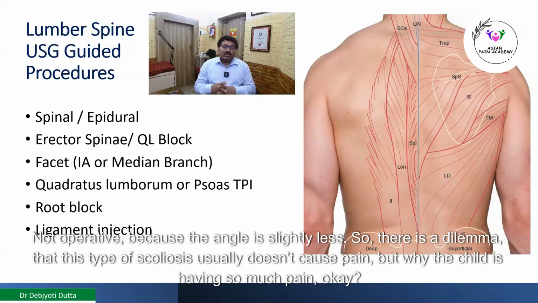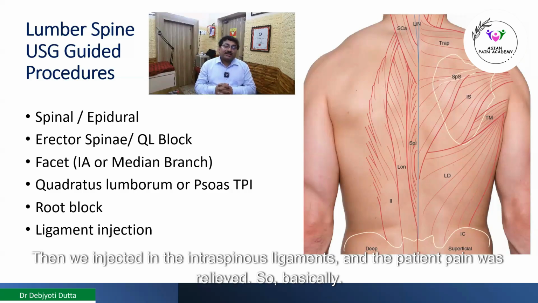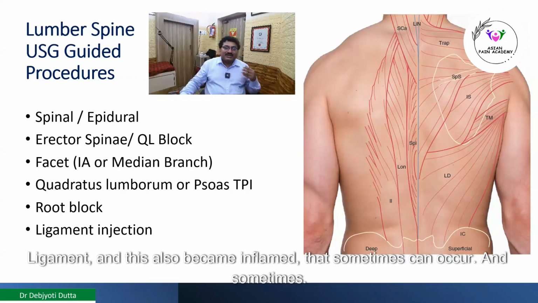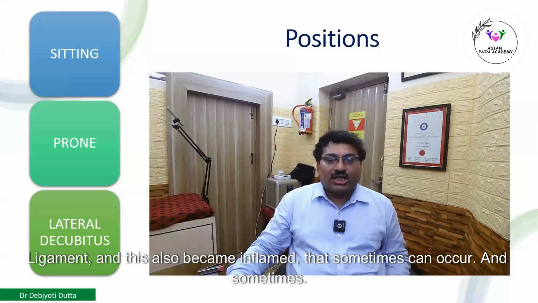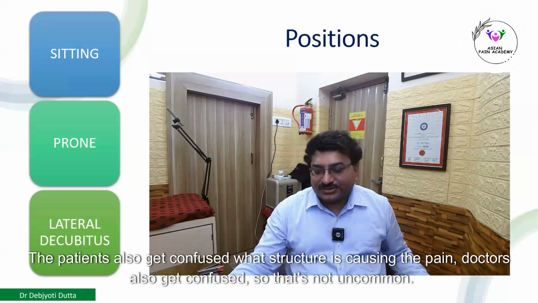Okay, so she came to me, and initially we did palpation under fluoroscopy and ultrasound, then we injected the intraspinous ligaments, and the patient's pain was relieved. So basically, because of this bony abnormality, the patient has more strain over these ligaments, and they also became inflamed, that sometimes can occur. And sometimes the patients also get confused about what structure is causing the pain, doctors also get confused.